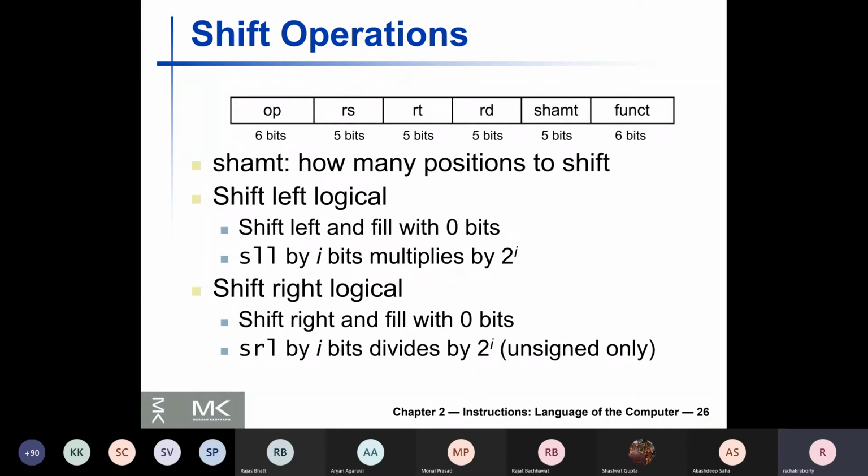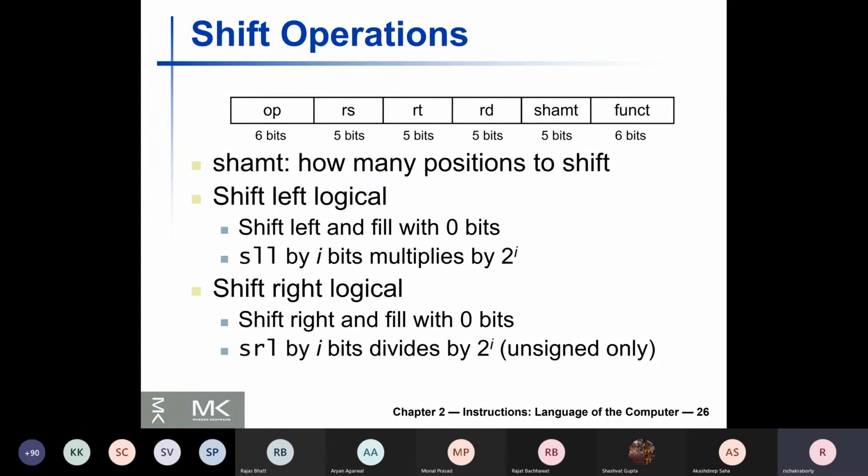So only for unsigned numbers, if you have an interpretation, then it is divided by 2 power I. And this is an easy way to perform multiplication and division by powers of 2.